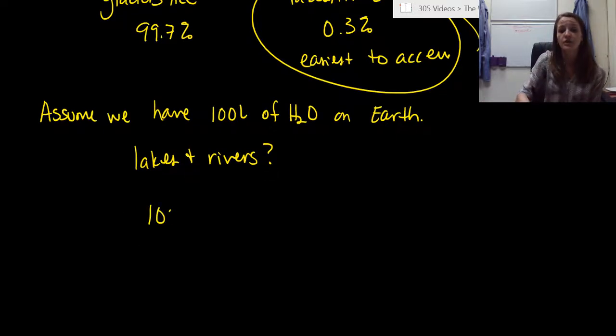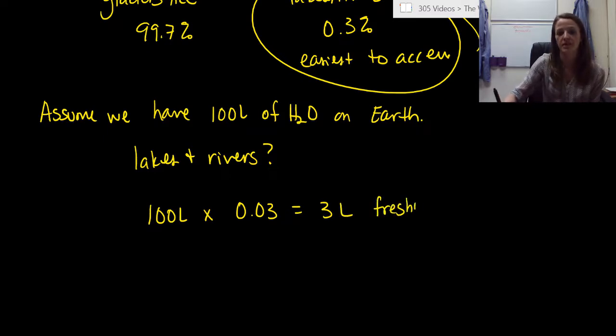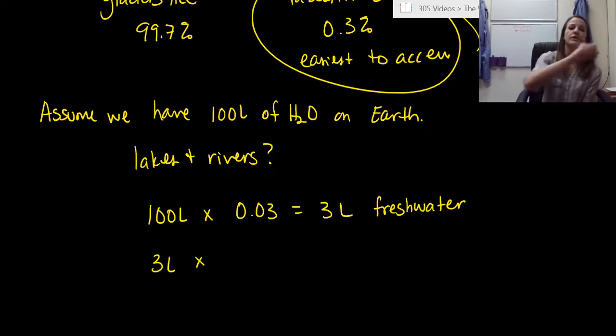The first thing you had to do was take into account the fact that only 3% of our total water is fresh water. So we multiply our 100 liters by 0.03, or 3%, and that gives us the expected 3 liters of fresh water. Only 3% of it, that makes sense. Now the second component is figuring out how much 0.3% of 3 liters is.